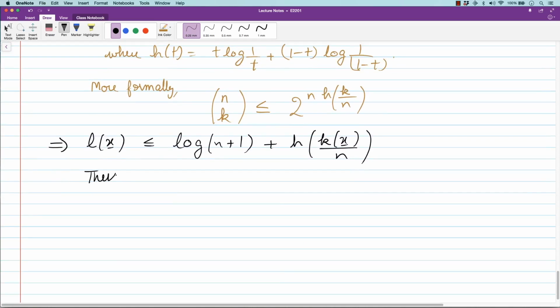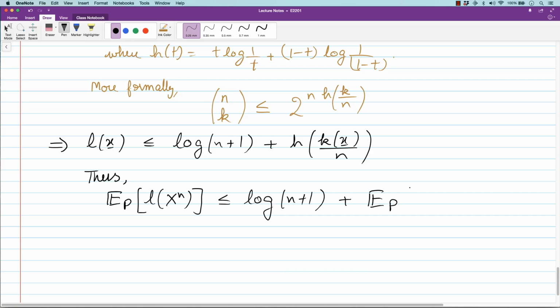Therefore, if you look at the expected value under p, where p is the probability with which 1 occurs, of this length: this first part, log (n plus 1), is a constant, so nothing can be done about it. Plus the expected value under p^n of n times the binary entropy of the number of ones that the sequence x^n has, divided by n.